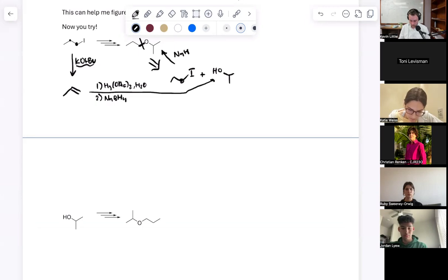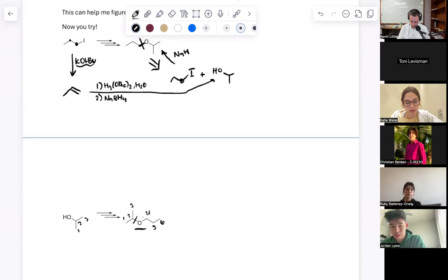So here I see my ether, and I see that there's 3 carbons on one side and 6 on the other. So I know that I either need to cut here or here. Do I want the alcohol?